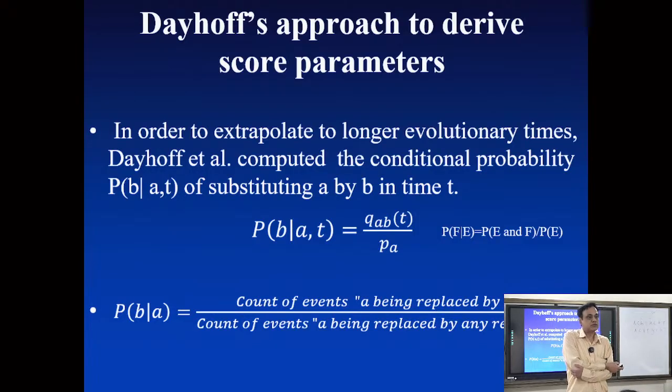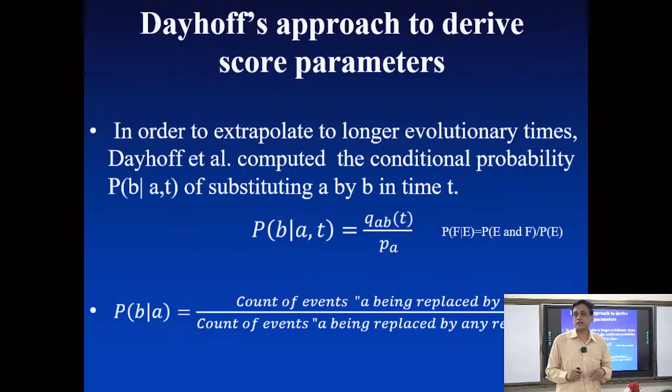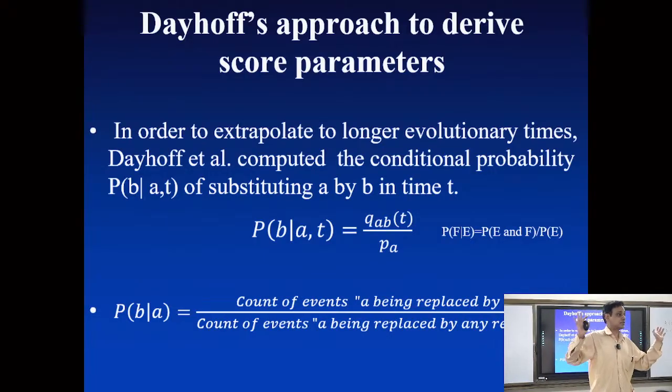Okay, so they computed this because it helped in extrapolating the matrix that they had derived. You remember they derived a matrix from highly similar sequences, more than 85% similar to each other. But they wanted to derive a matrix that also represents highly divergent sequences.